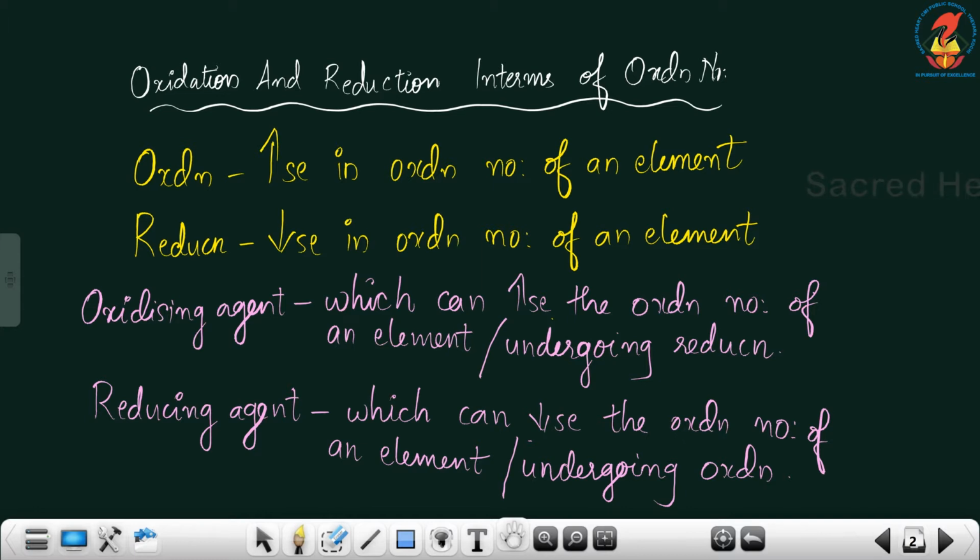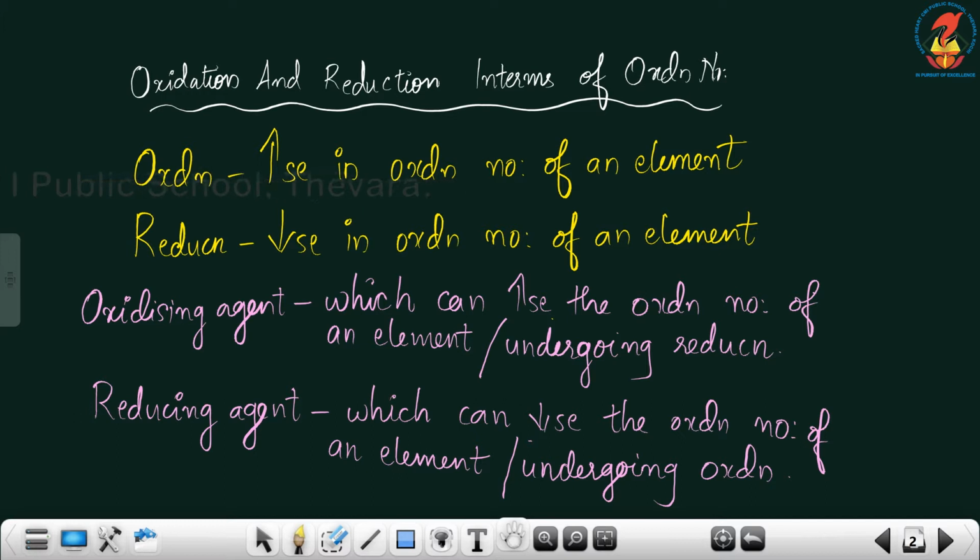Now a reducing agent undergoes oxidation. That means for them there will be an increase in oxidation number, but they can decrease the oxidation number of another element or another species.